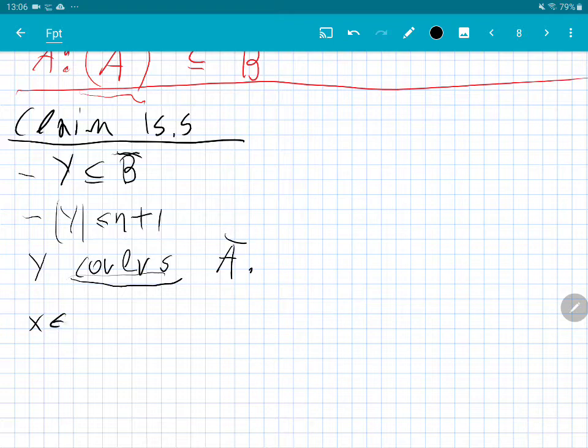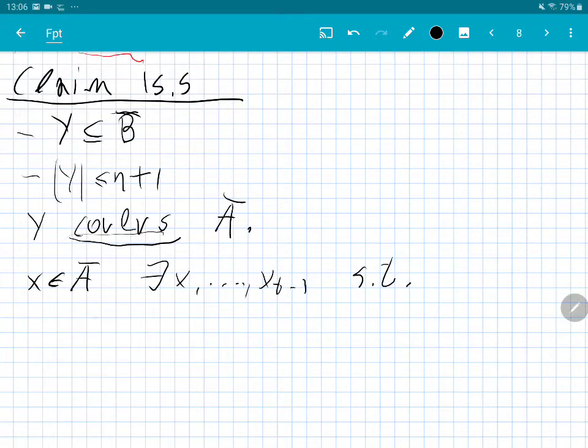It means that for x in not A, a string that is not in the language, there exist strings x1 to x t minus 1 such that A of x and x1 to x t minus 1 is equal to y.